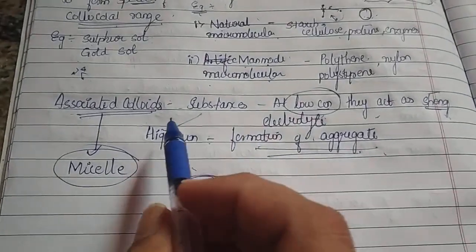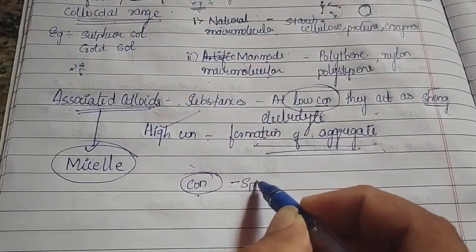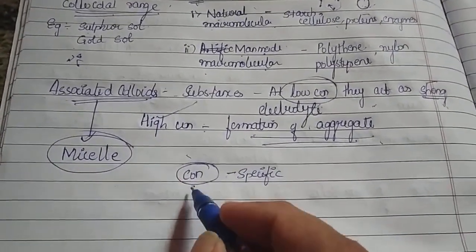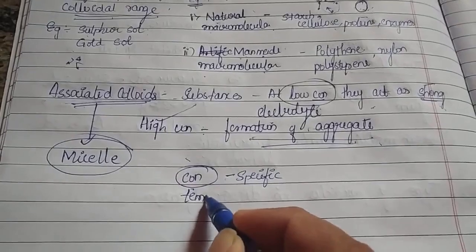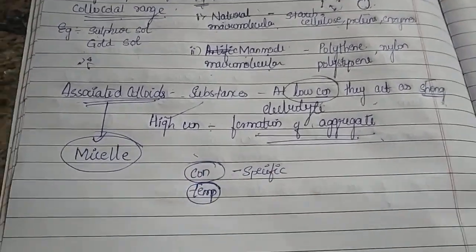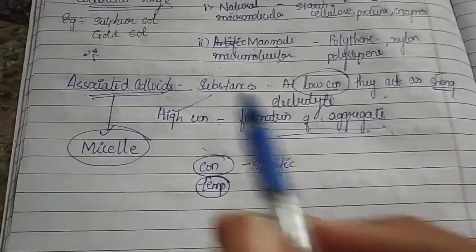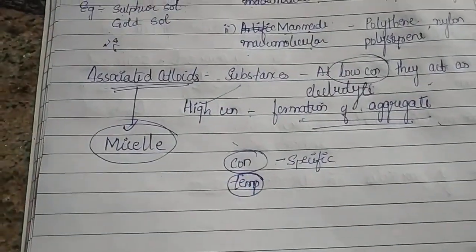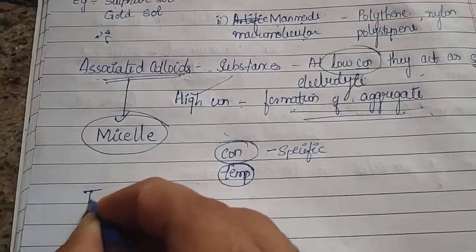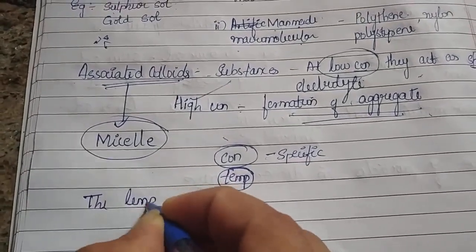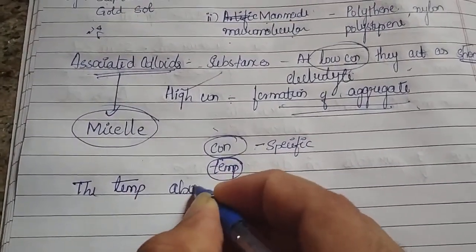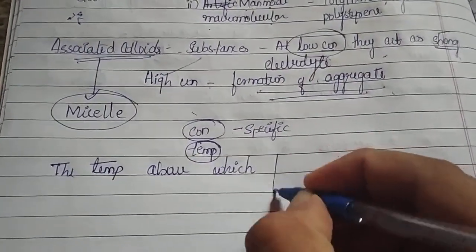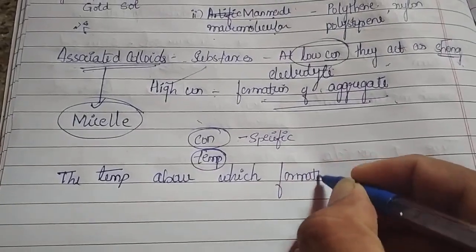So we came to know that there is one specific concentration. And of course, in associated colloids, we also have one particular temperature. So how can we define this temperature and concentration with respect to associated colloids? Let us see first. First and foremost, remember the temperature above which formation of micelles takes place.